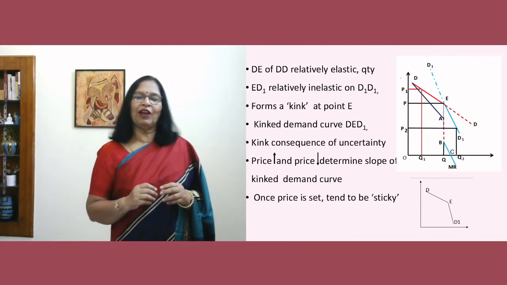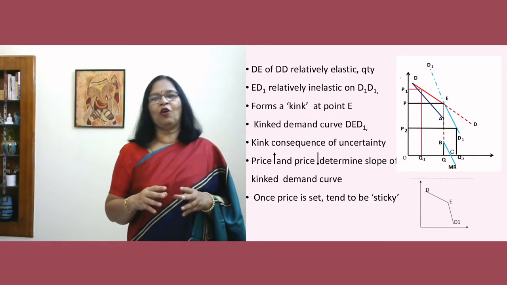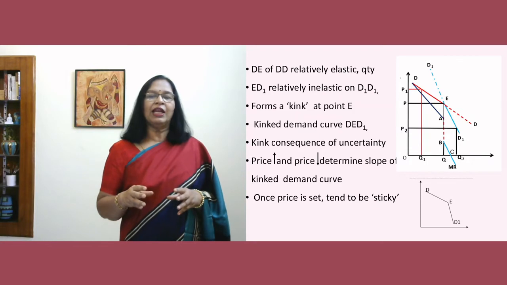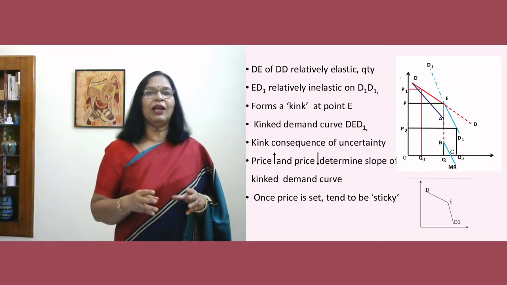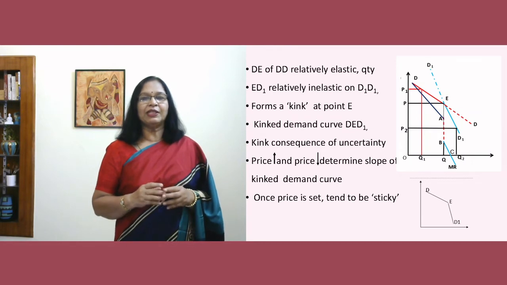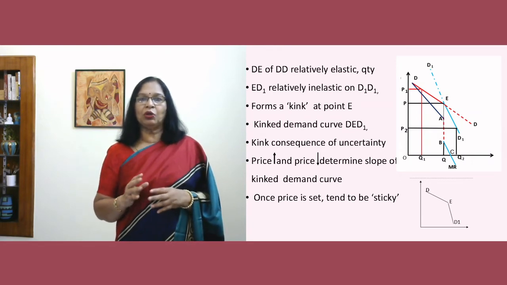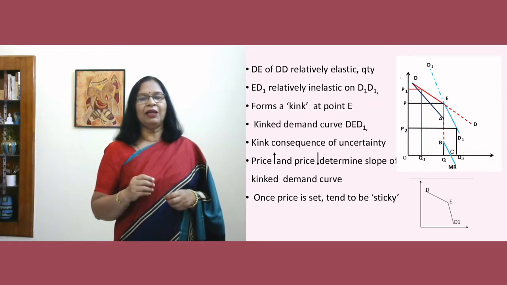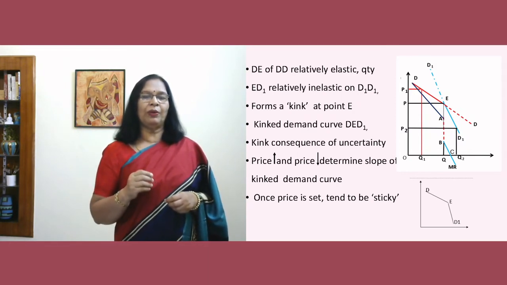Instead of having its original OQ customers, it will now get only OQ1 demand. So its demand has fallen from OQ to OQ1 when the price has been increased to OP1.